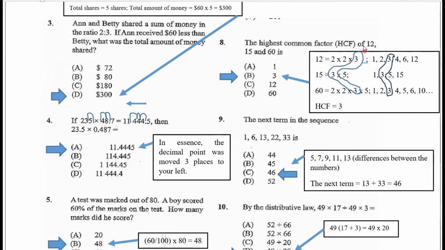What are the factors of 12? What could go into 12 exactly? You have 1, 2, 3, 4, 6, 12, right? All those could go into 12.